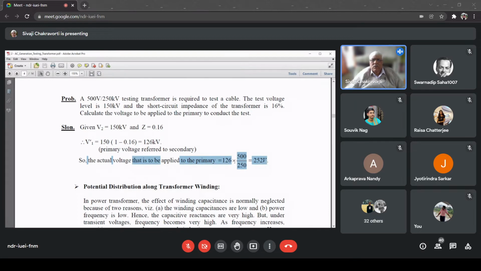So there are a lot of accurate voltmeters available even in a very ordinary lab. So I can apply the voltage on the primary as per this calculation. Then when I apply 250 volts at the primary, the voltage appearing across the cable will be 150 kV, and therefore our testing will be correct.